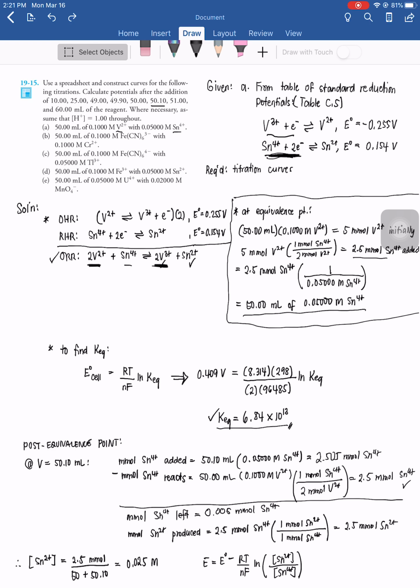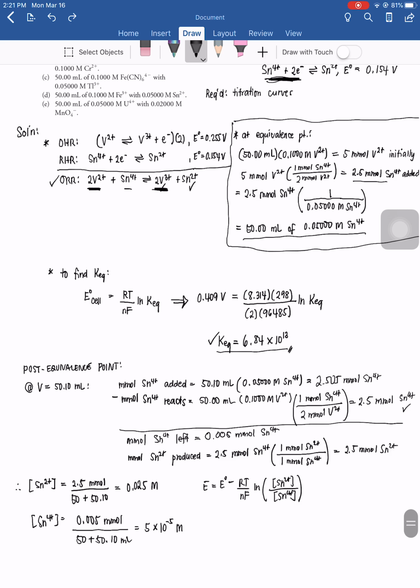Now from our table, we can see here that our E naught value for tin 4 is 0.154 volts. So let's use that one. That's 0.154 minus 8.314 T times N. Based on our table, the N should be equal to 2.